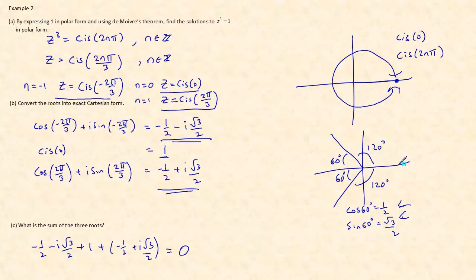Now that's actually to be expected, because if we look at these 3 roots and the symmetry here and think of them as vectors, if we added these vectors, we'd expect to get 0.